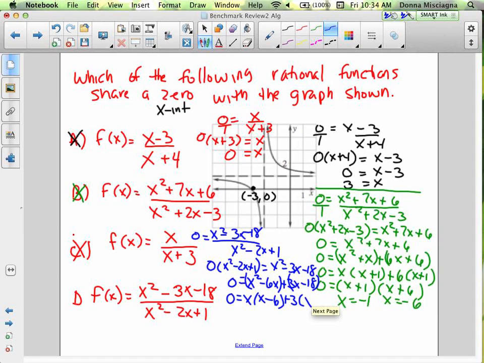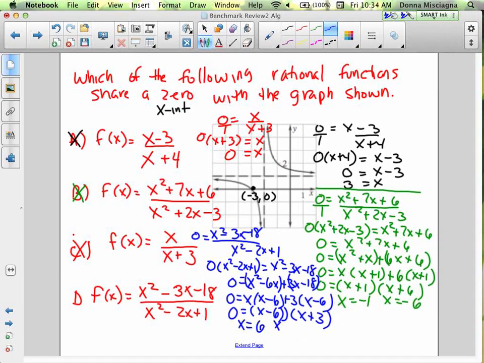We'll factor out that repeating x minus 6, and we're left with x plus 3. So x equals 6 and x equals negative 3. There it is. We found x equals negative 3. And this one was the solution.